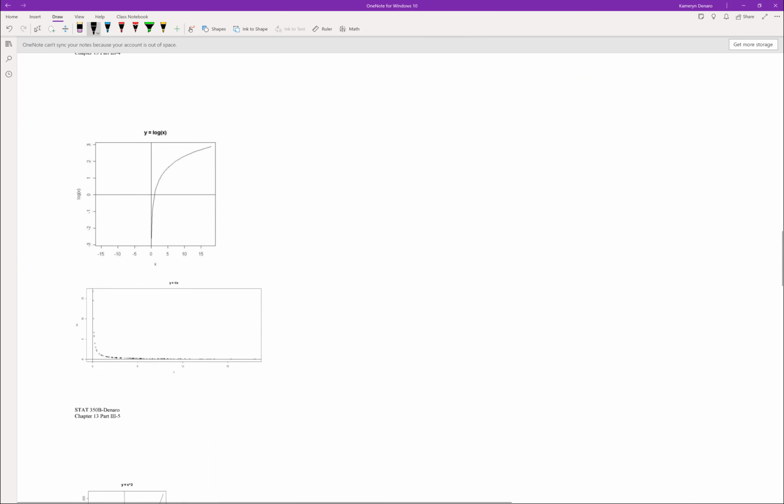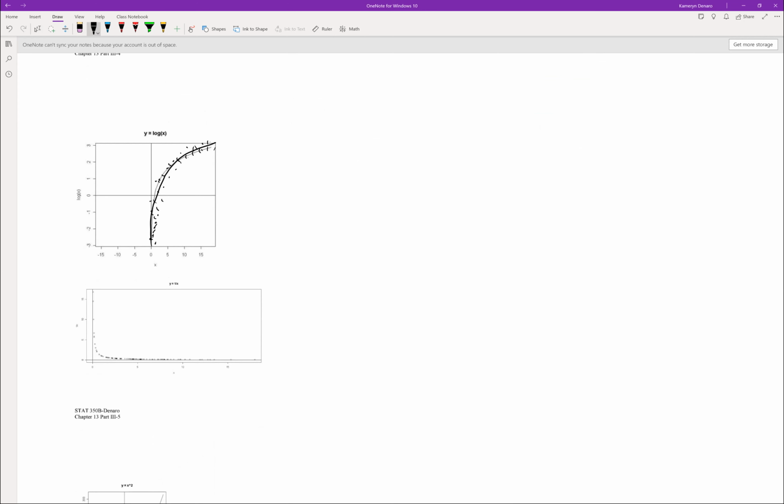All right, here's an example where we have x and log of x, and you could see if you saw this sort of pattern in your scatter plot, right? If your data looks something like this, then a log transformation might be useful.